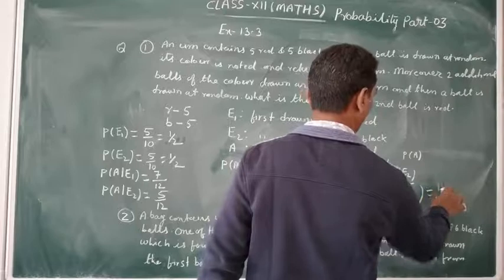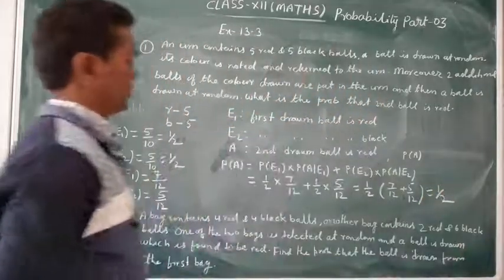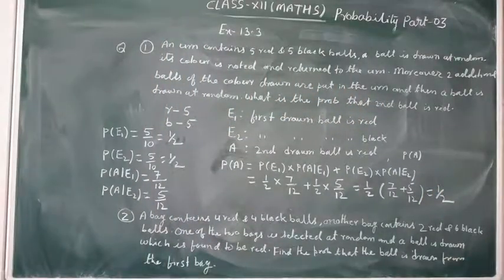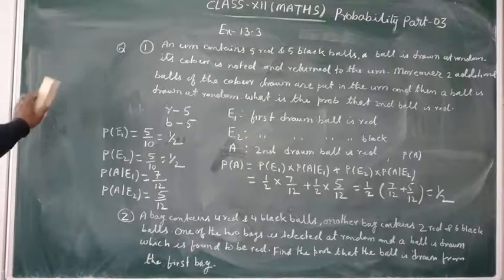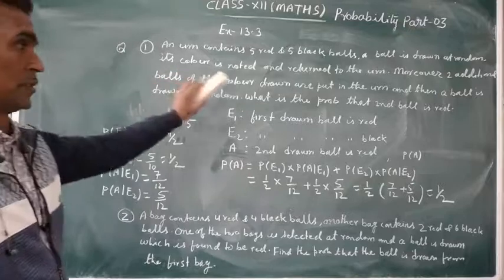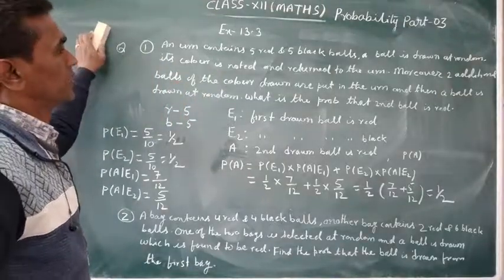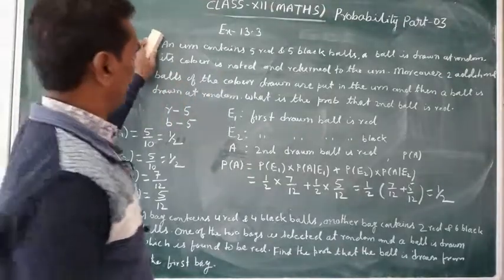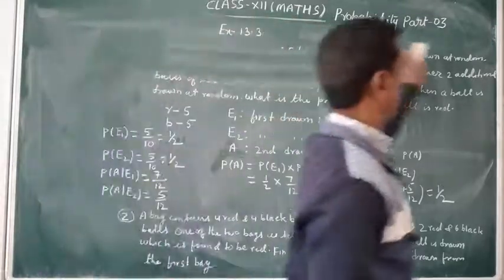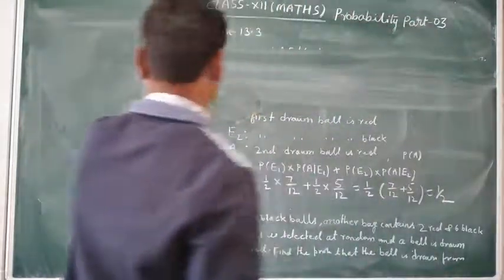This is equal to 1 by 2. So this is the answer of this question. The solution is not difficult. You only have to interpret the question. So read the question carefully, write down the mathematical part separately, and apply the formula.